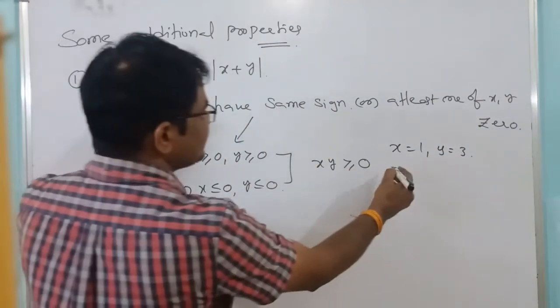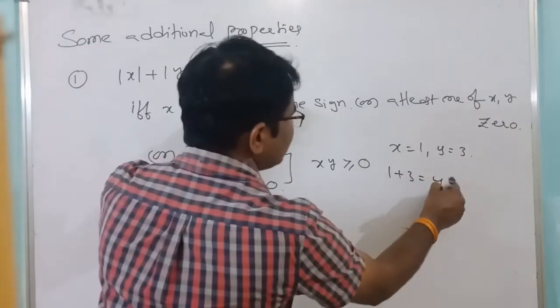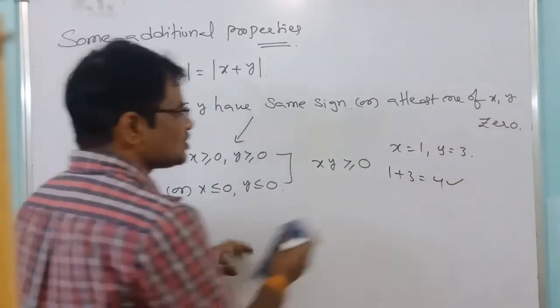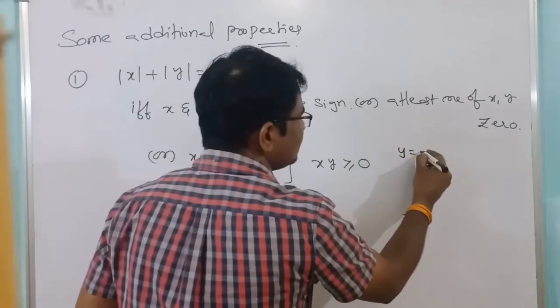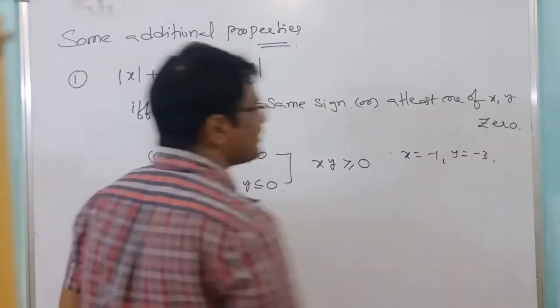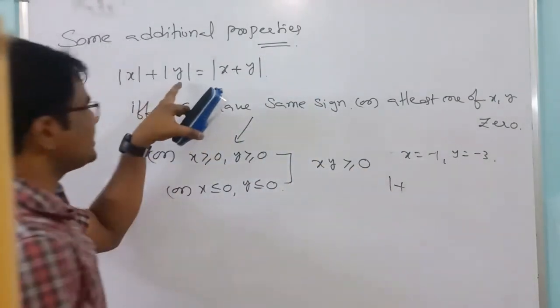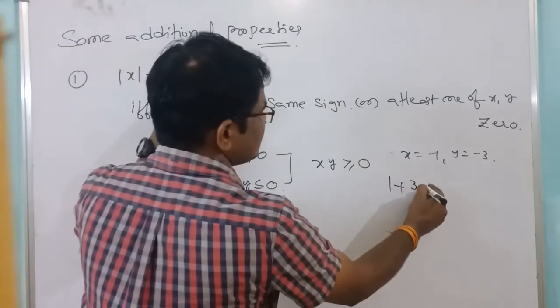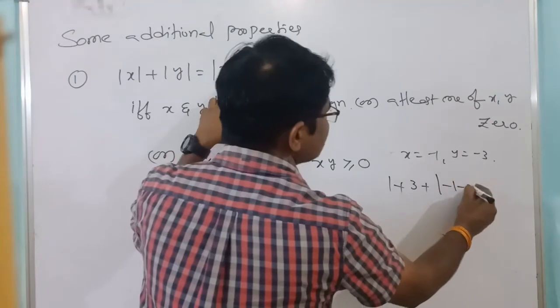So if you substitute here, 1 plus 3 is equal to 1 plus 3, so 4 satisfies. Suppose both are same sign, means negative also possibility is there. Suppose x equal to minus 1, y equal to minus 3. Substitute in this one: modulus of minus 1 is 1, modulus of minus 3 is 3, equal to modulus of minus 1 minus 3.